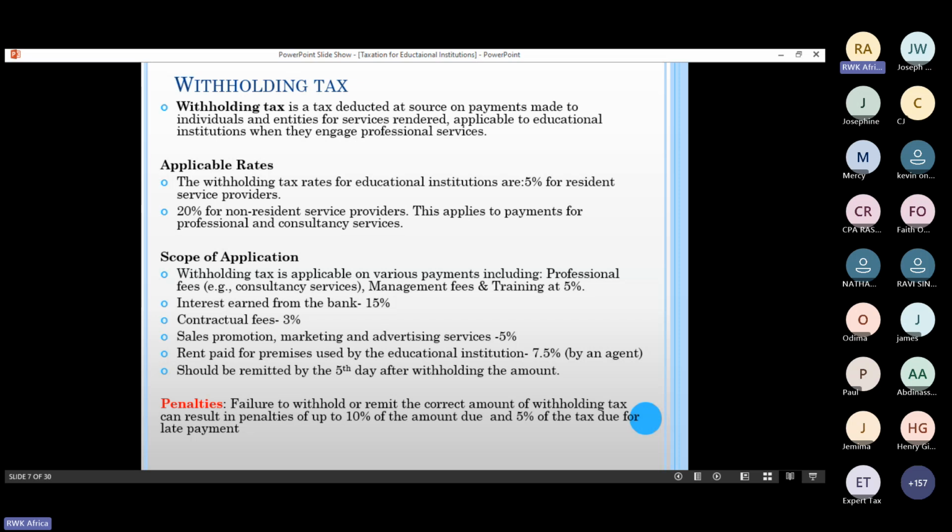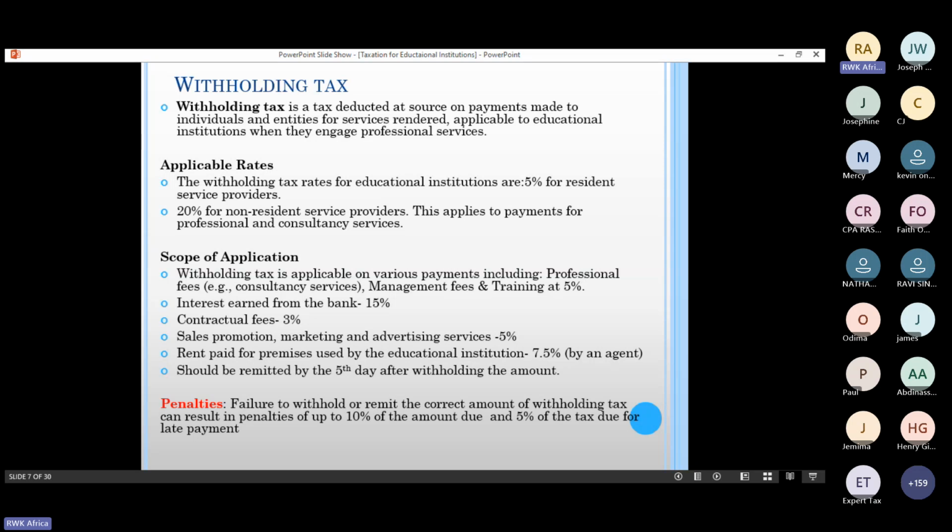You have engaged a consultant, or a trainer who is coming to train maybe the employees in your institution, and you pay them. That is a consultancy fee and management fee. If the amount to pay them is above 24,000, you should pay 5% to KRA as withholding tax. Then the remaining 95% you pay to the service provider.